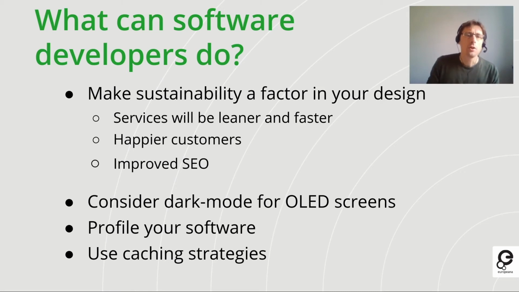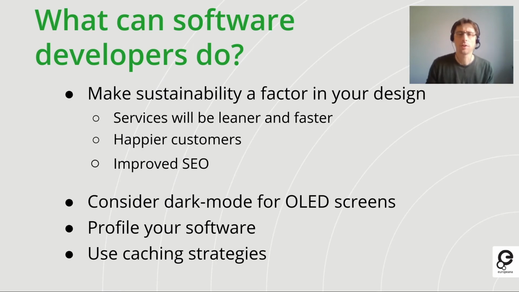Something else that you can do is consider implementing something called dark mode. So you use black screens that will help save energy for people using your software, your service. But it only works actually for newer types of screen, OLED screens, because their black does not cost any energy.